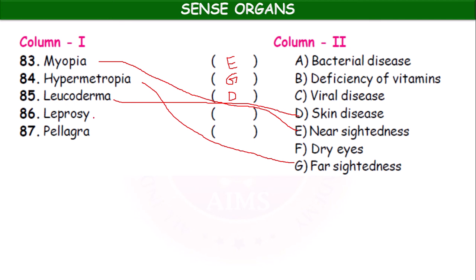Leprosy is also a skin disease caused by bacteria. Pellagra is a skin disease caused by the deficiency of vitamin B3, niacin or nicotinic acid. Dermatitis, dementia and diarrhea are the symptoms of pellagra.